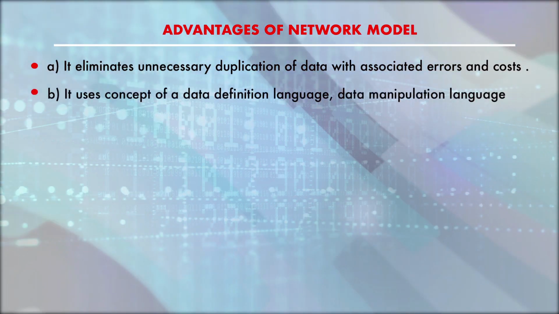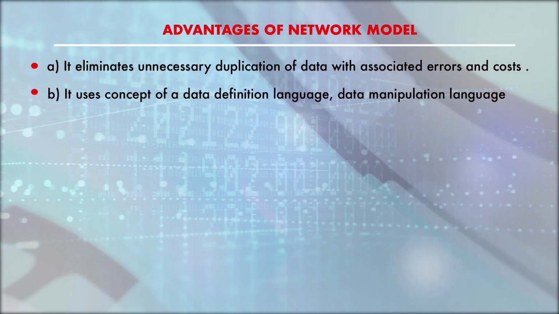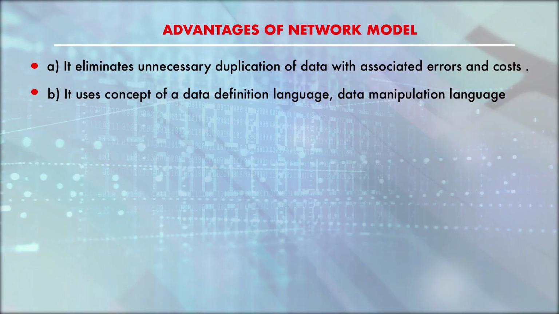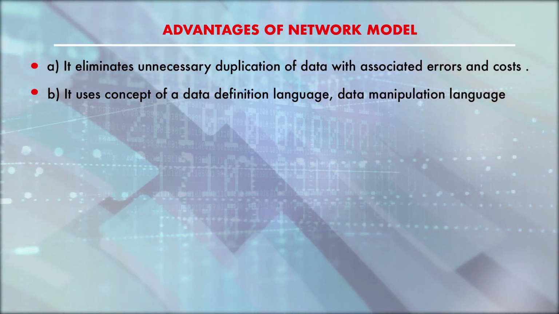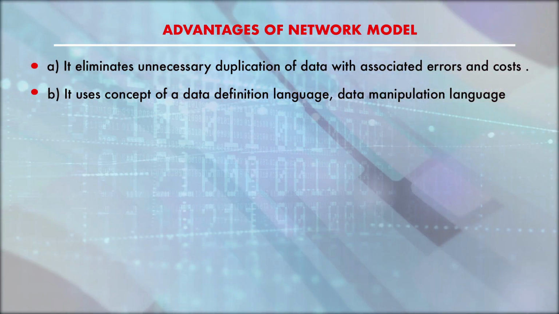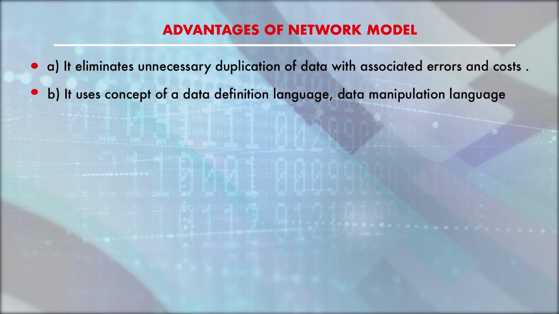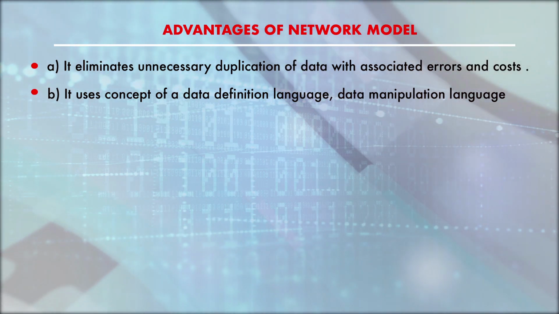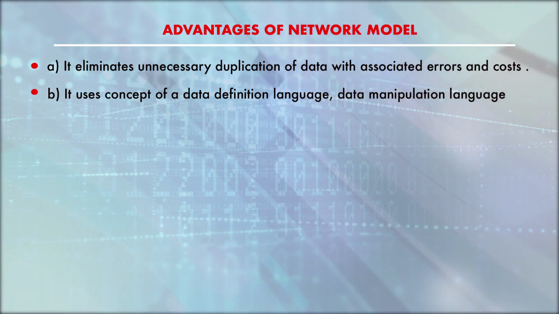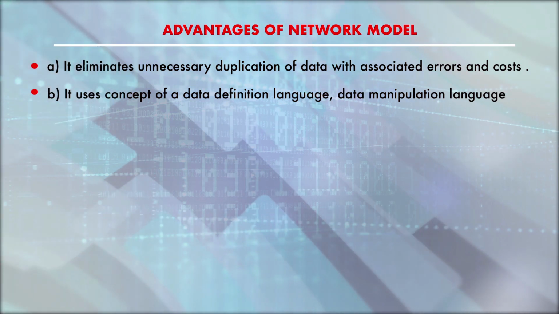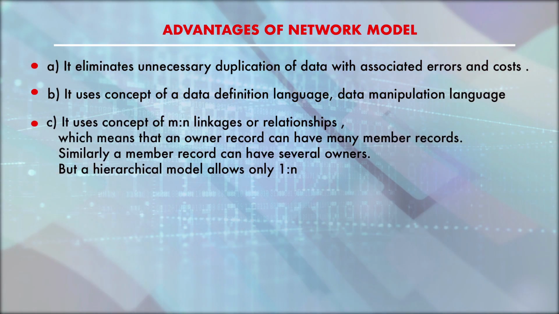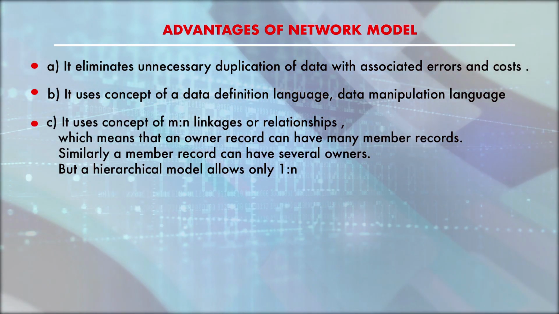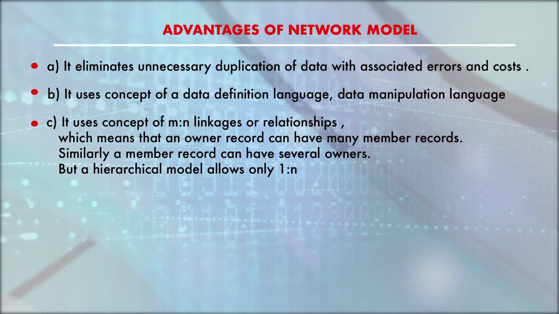So, if a higher level hierarchy node has a connection to, let us say, one entity, then that particular entity may be connected to different higher level entities in the hierarchy, and in this way the redundancy of the data is minimized. In the network model, we can say that the relationship between entities can be seen as m to n.